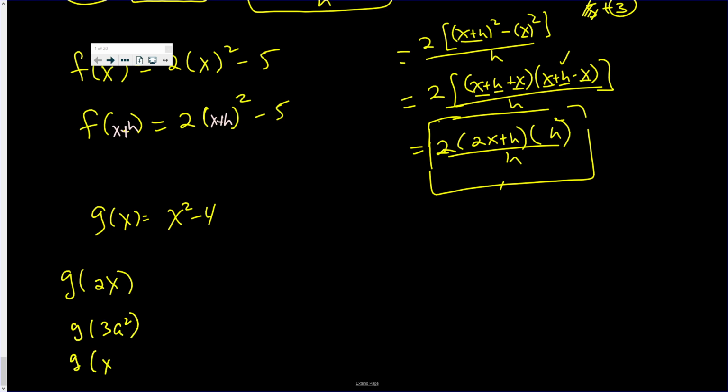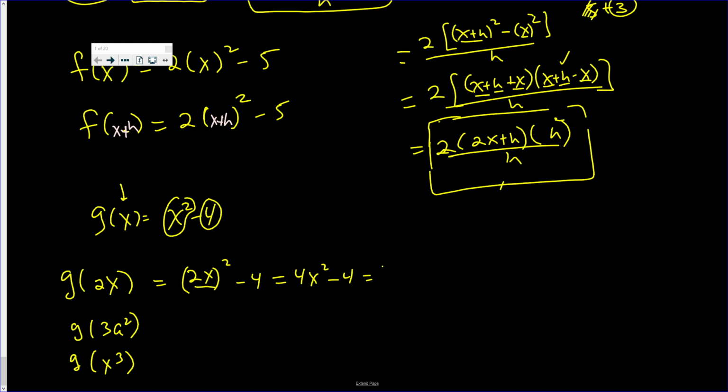And how much is g of x cubed? Now, what does g do to what's in the bracket? It squares it and takes away 4. Fine. I'll square what's in the bracket and denote I'm taking away 4. 2 squared is 4. x squared is x squared. Minus 4.